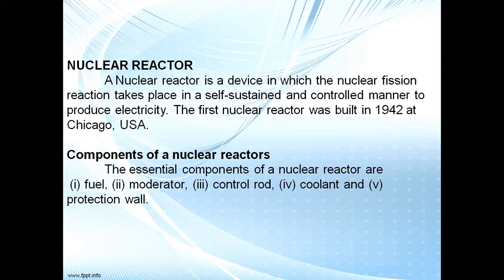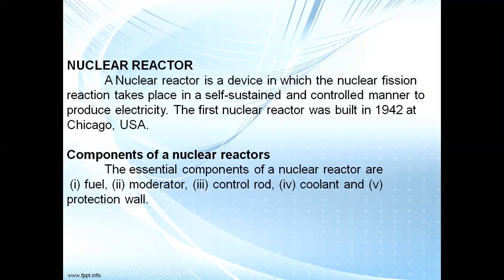Okay. So there are many types of nuclear reactors: breeder reactor, fast breeder reactor, pressurized heavy water reactor, pressurized water reactor, boiling water reactor, water cooled reactor, gas cooled reactor, fusion reactor, and thermal reactor.